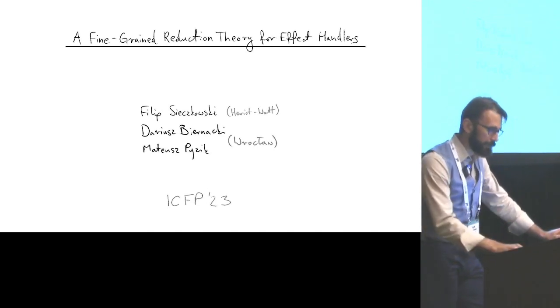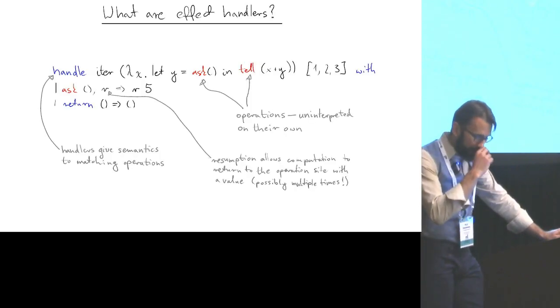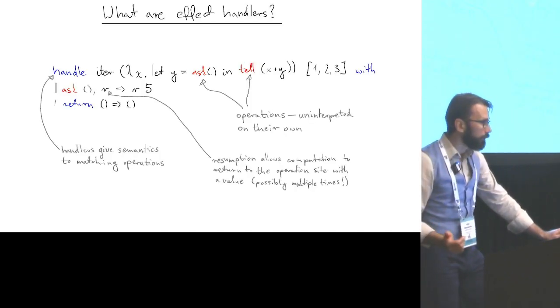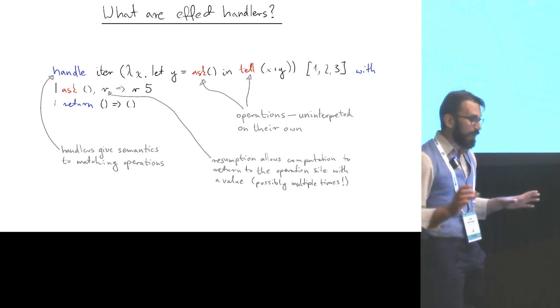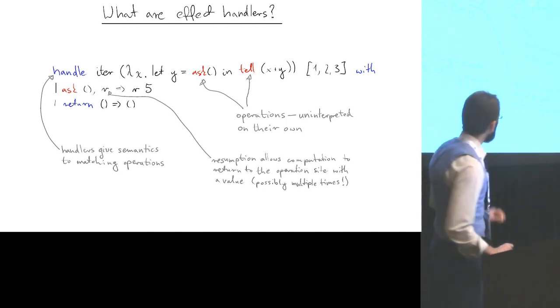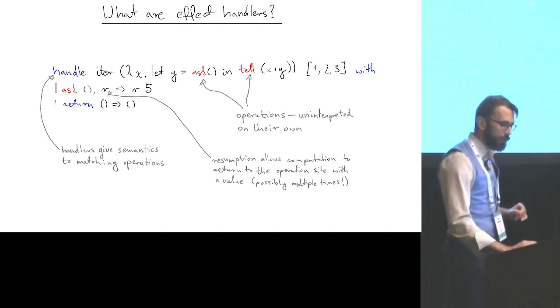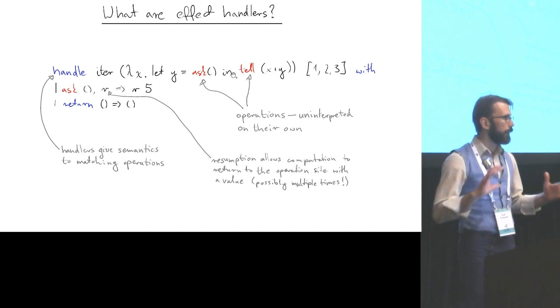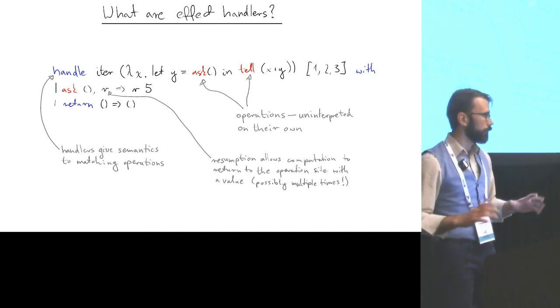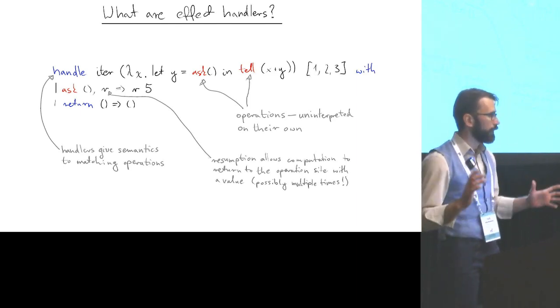I have here an example snippet of a program, with several colored things. We have these operations here in red, ask and tell, and the idea is that these denote some effects that our program can make, or operations that can appear in the program.